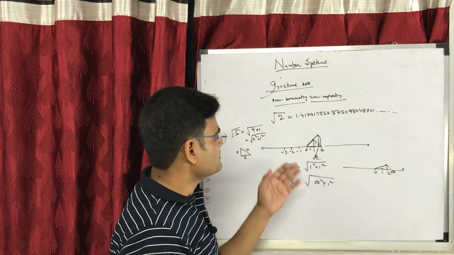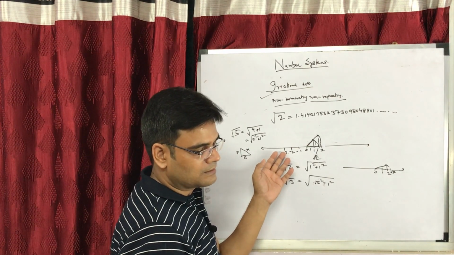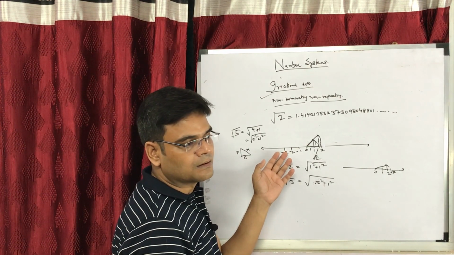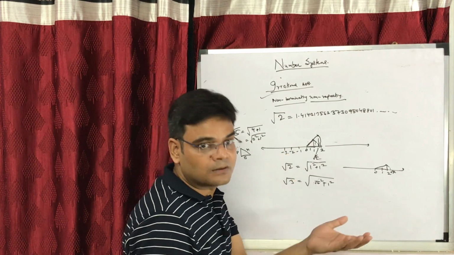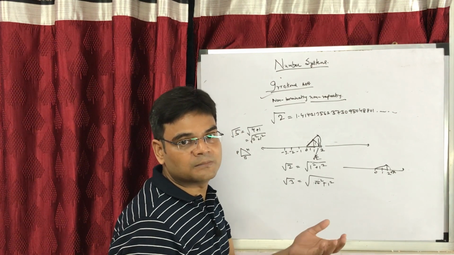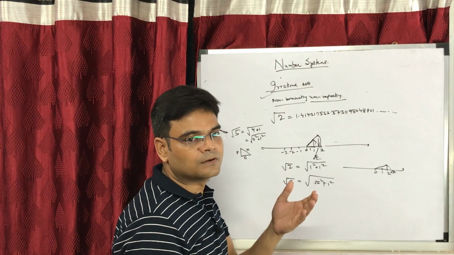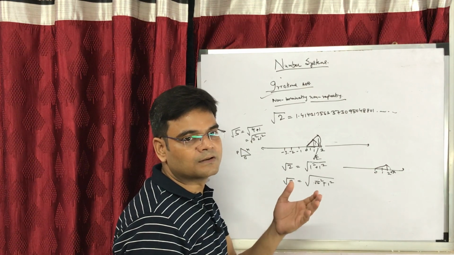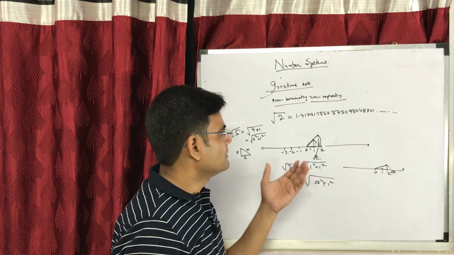But numbers which exist on the number line are called real numbers. Those outside the number line are unreal or imaginary numbers, which you will not study at this point of time. We'll come to that in a separate session, but that is a class 10 topic.